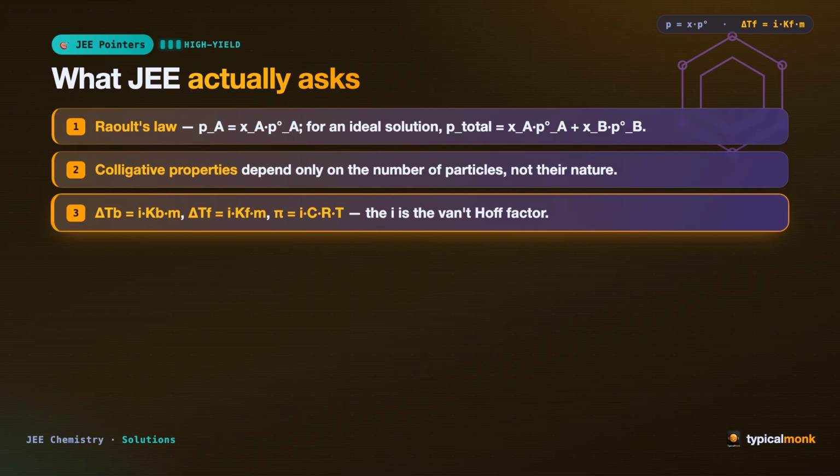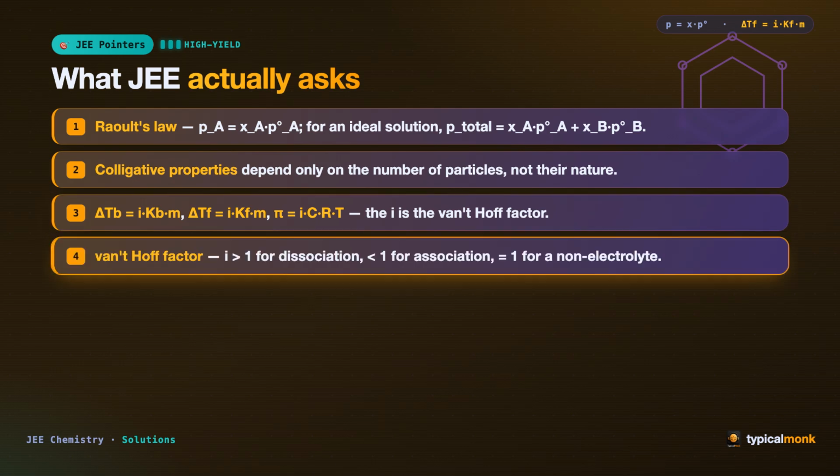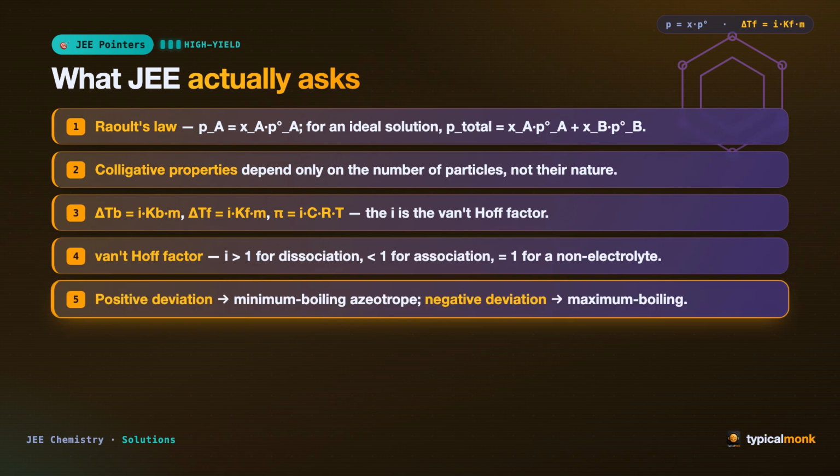ΔT_b equals i K_b m, ΔT_f equals i K_f m, and the osmotic pressure π equals i C R T, where i is the Van't Hoff factor. 4. The Van't Hoff factor is greater than 1 for dissociation, less than 1 for association, and equal to 1 for a non-electrolyte. And 5. A positive deviation gives a minimum boiling azeotrope. A negative deviation gives a maximum boiling azeotrope.